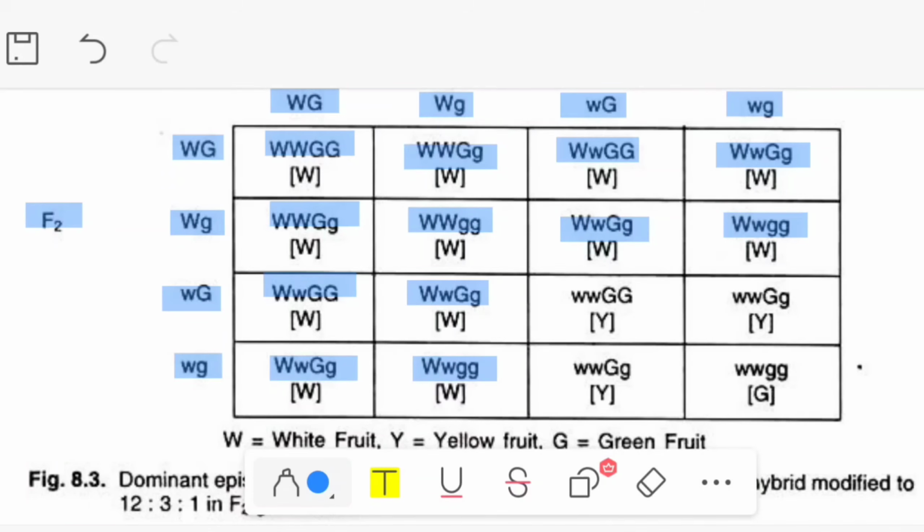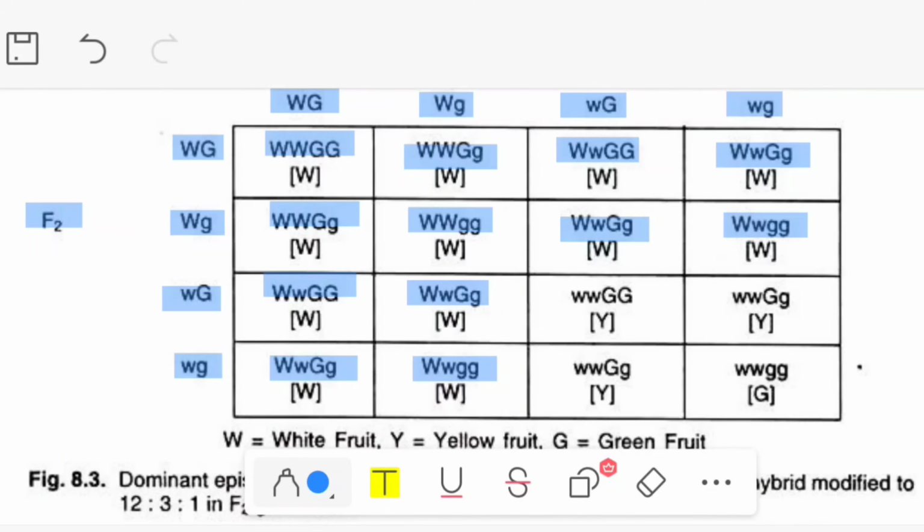If you count them, you will come to the conclusion that there are 12 white fruits, because one gene is dominant. The first gene is dominant regardless of the dominance or recessiveness of the other one. If only a single allele is in capital form, it will mask the action of the other alleles, and it will form the white color.